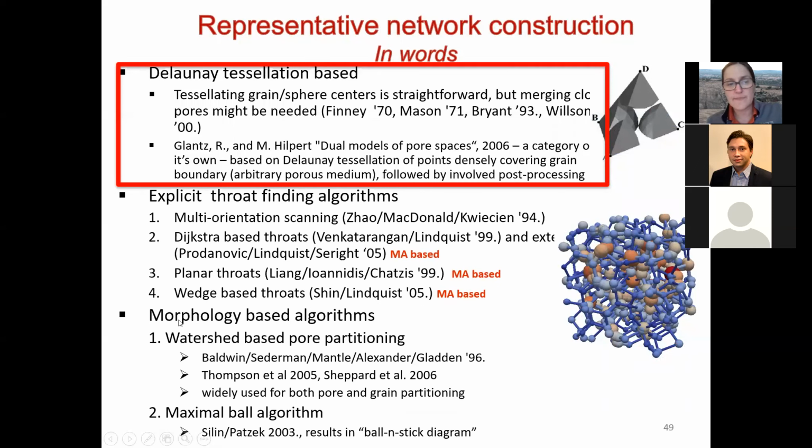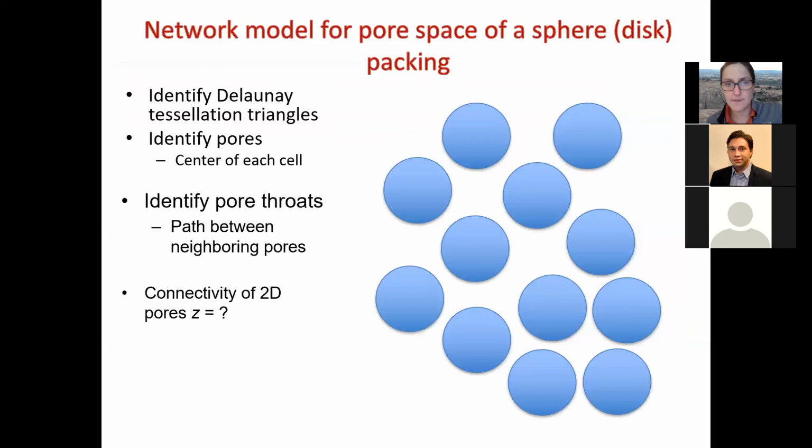And then there are these algorithms that are called morphology-based algorithms, and we're going to actually use some of those because their implementation is easy. So we're going to experience some of this Delaunay tessellation and watershed-based pore partitioning because those are easier to grasp and easier to implement, and actually the algorithms are widely implemented.